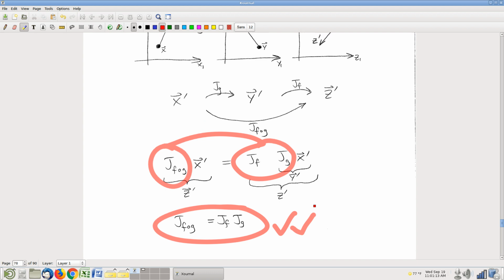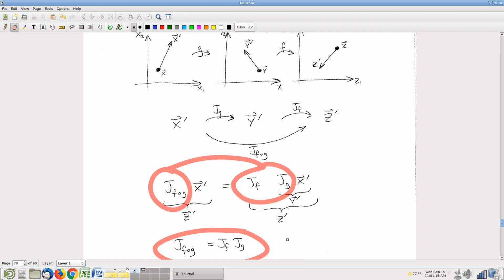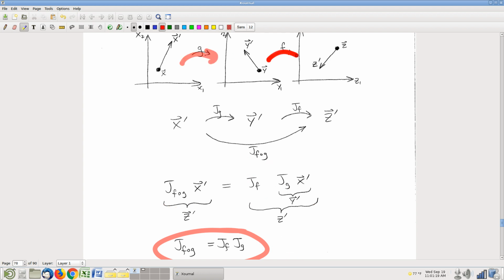This is just an expression of the natural fact that using x prime to give you y prime and y prime to give you z prime results in having started with x prime and computed z prime. It's almost the hardest thing about this is it seems too easy.